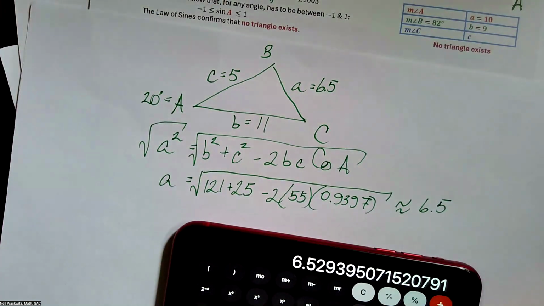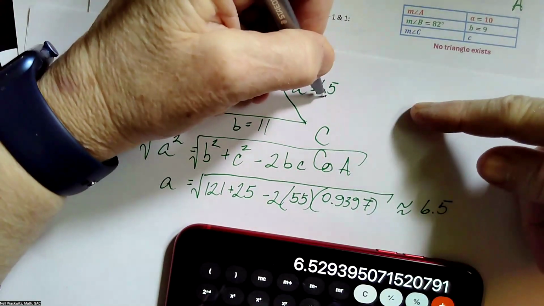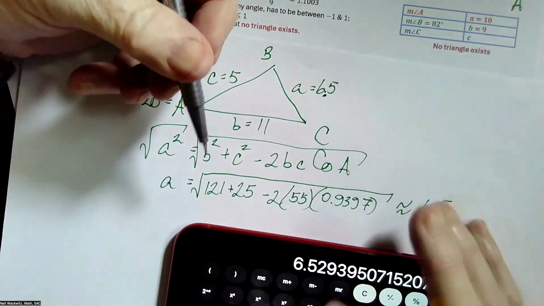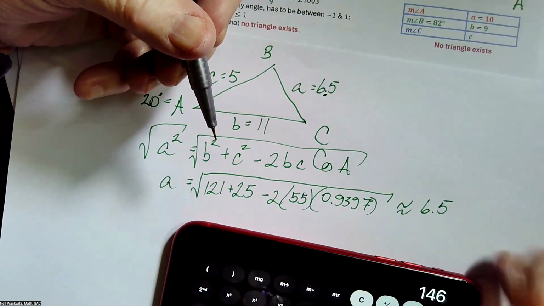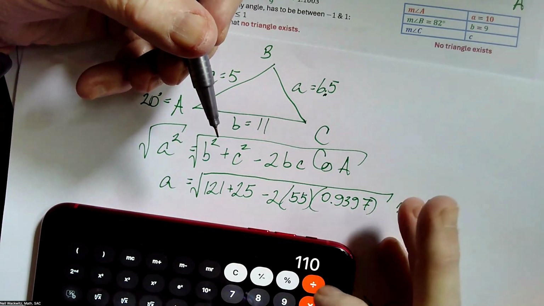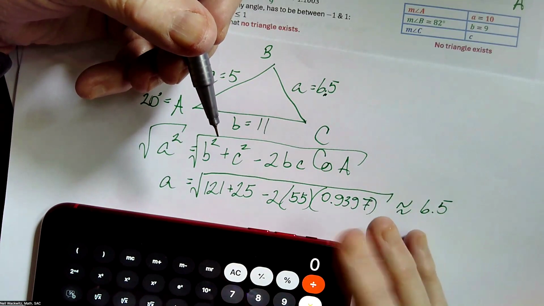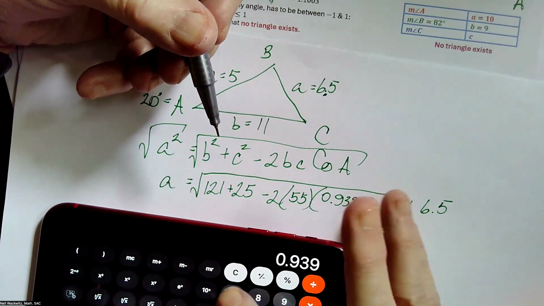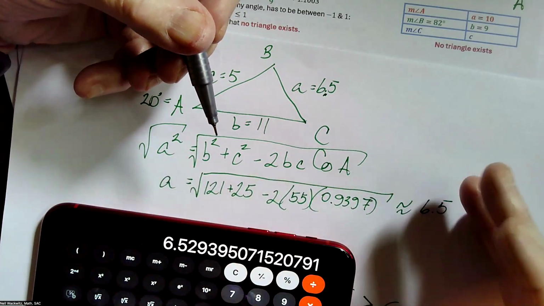So that makes it look like angle C is going to be pretty small. Let's see. 121 plus 25 minus 110 times 0.9397, square root.